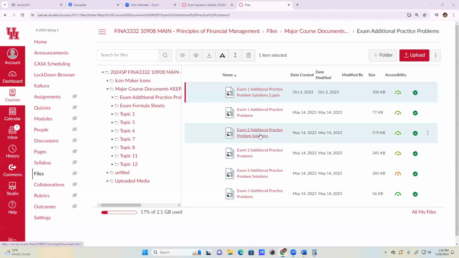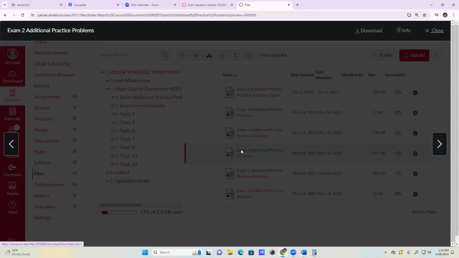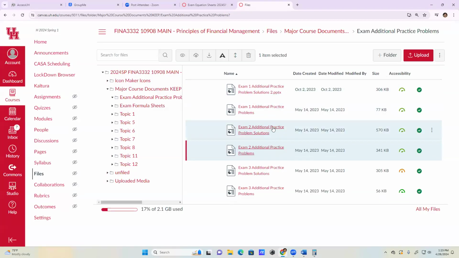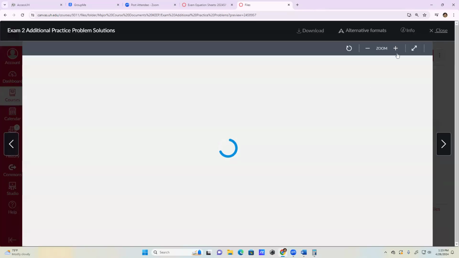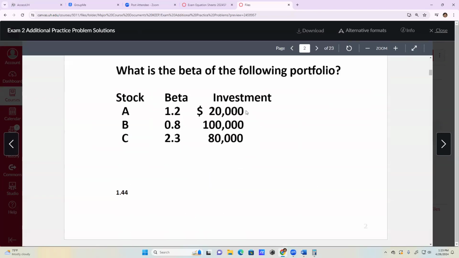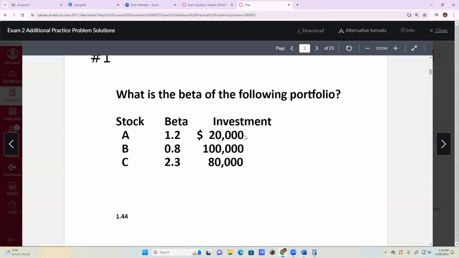All right, so come to exam 2 and exam 3 practice problems. I recommend that if you want to go more in depth, look at the videos. However, since I already recorded those materials, I will just go through the problem solutions and tell you what to look for when you are looking at the solutions, so you can practice on your own.